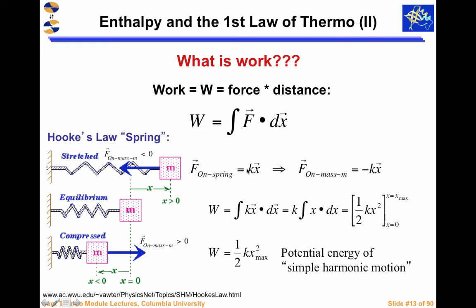Because in the Hooke's law spring, forward and reverse extensions involve the same force relationship, and therefore the same amount of potential energy change is involved in going a certain distance either forward or reverse from the equilibrium position. So basically, when you're fully compressed, you have potential energy of 1/2 kx max squared.